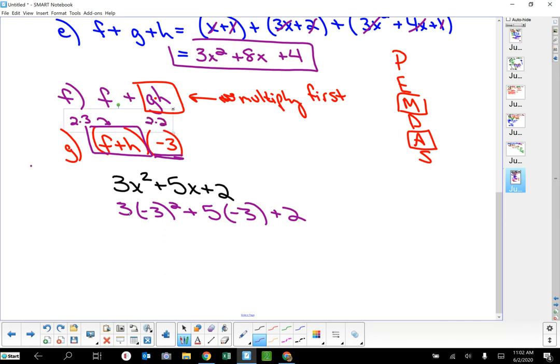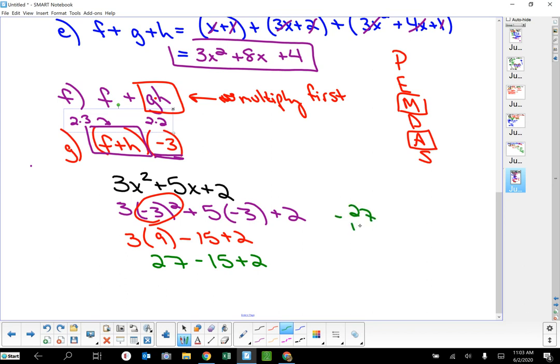Now you're kind of doing both. Remember that exponents happen before multiplication. So this is 3 times 9 minus 15 plus 2. 3 times 9 is 27, minus 15 is 12, plus 2 is 14.